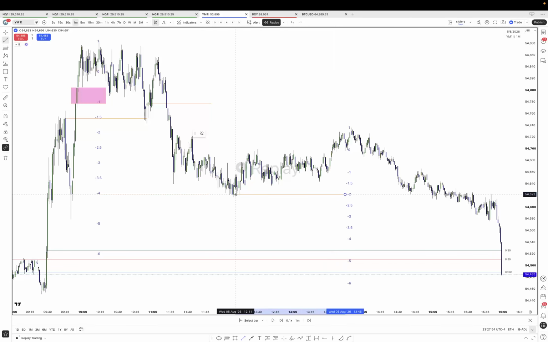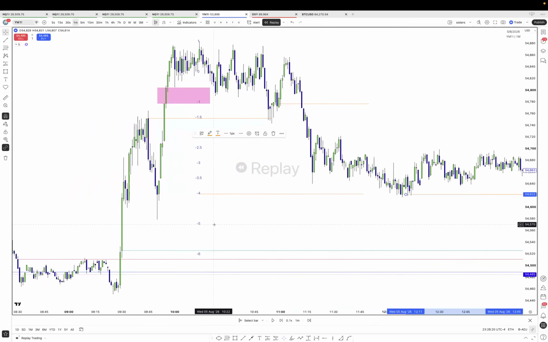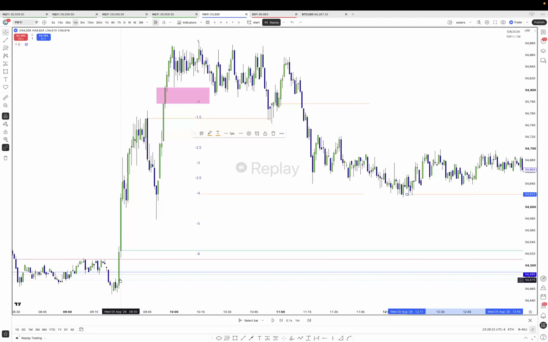Here, where this low is, where people who are maybe trying to catch a continuation have their stop losses here. Maybe, maybe not. Whereas 4 standard deviations here. And then we have 5, 6 standard deviations where we start to fill this fair value gap. So that's just a short video, hopefully, of my trading insight.